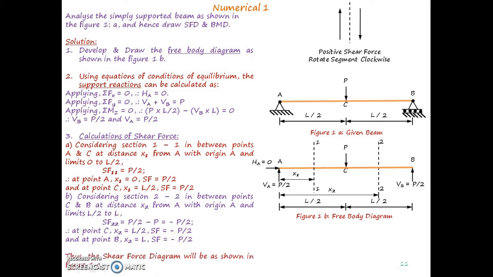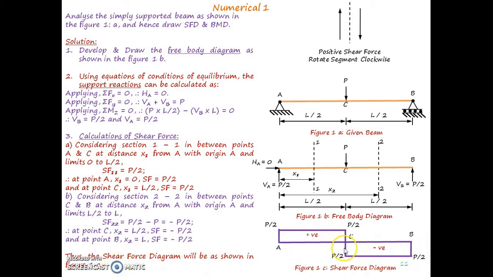So with these calculations, we can draw a shear force diagram as shown in this particular figure. At A, we calculated the shear force as positive P by 2. At point C, with the first equation, the shear force is plus P by 2, and with the second equation, at point C, the shear force is minus P by 2, and at B, shear force is minus P by 2.